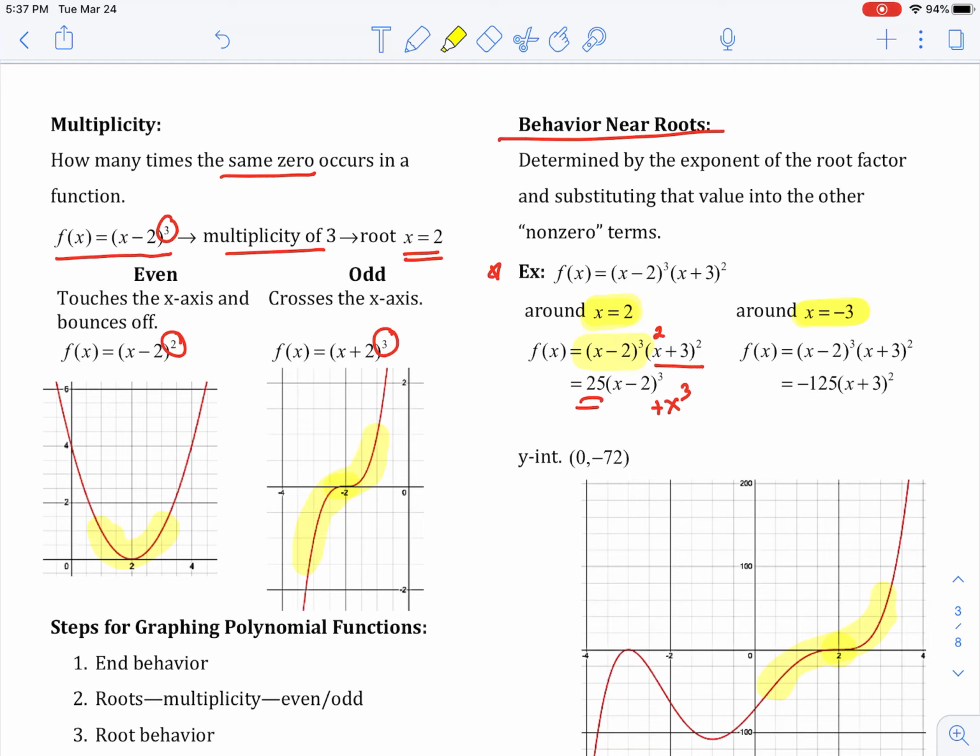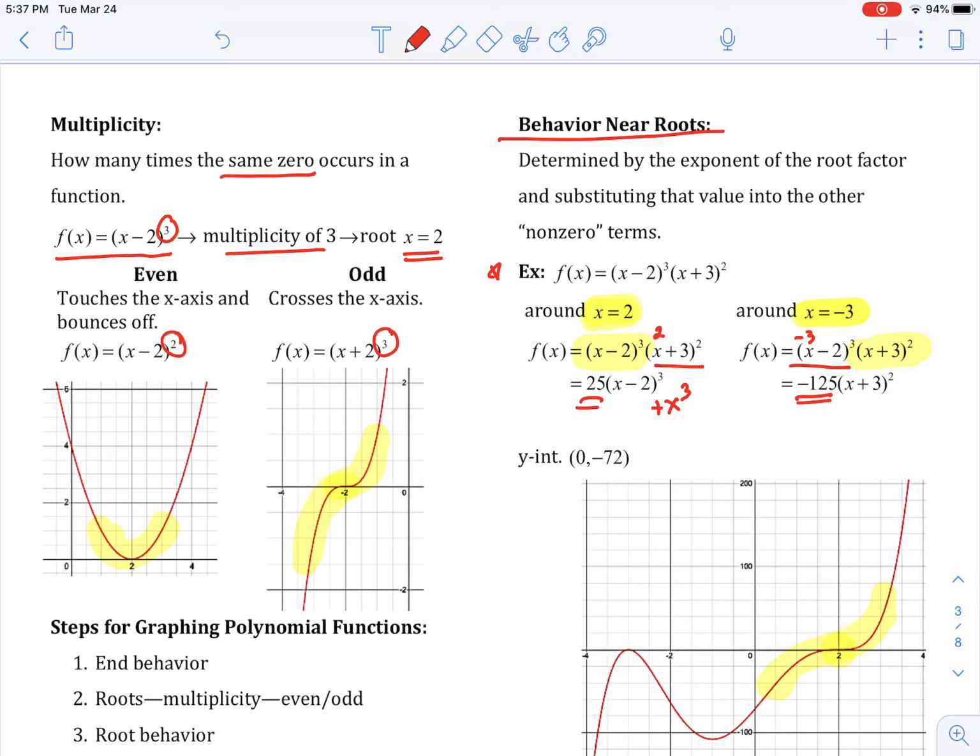Versus the behavior as we approach x equal to a negative 3, the negative 3 came from this factor of x plus 3 squared. So we're not going to touch that factor. We're going to leave that factor alone, and we're going to take that value of negative 3 and plug it into any other x except for where it came from. So if I plug the negative 3 into this factor where it did not come from, negative 3 minus 2 cubed, that's where this negative 125 is coming from.